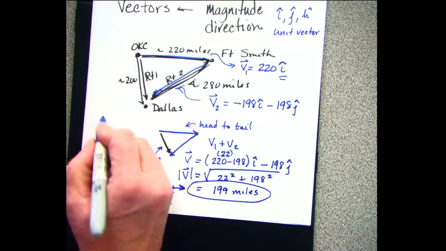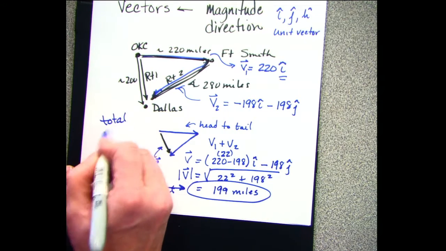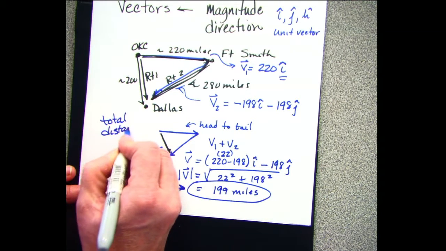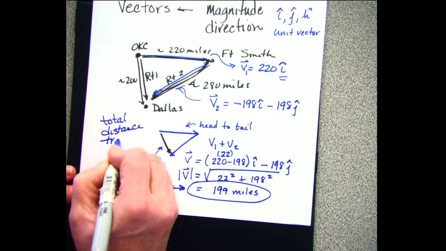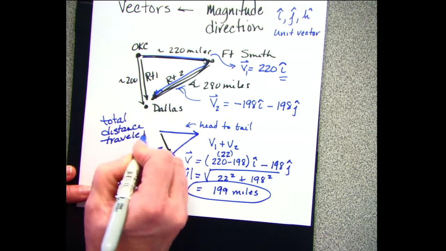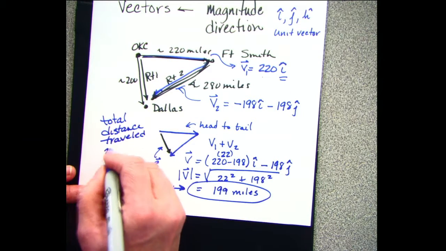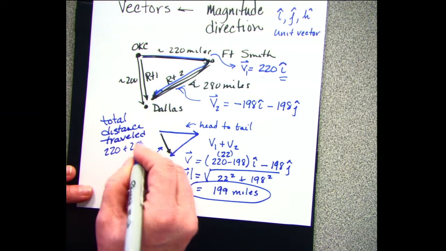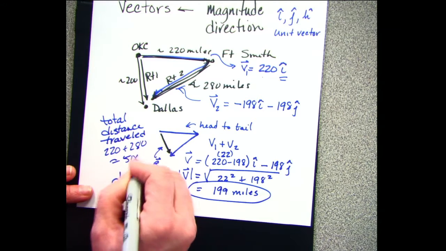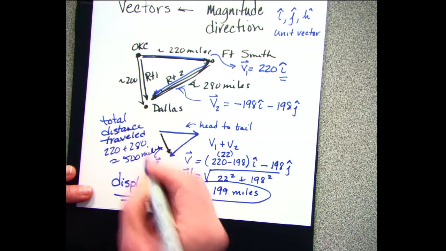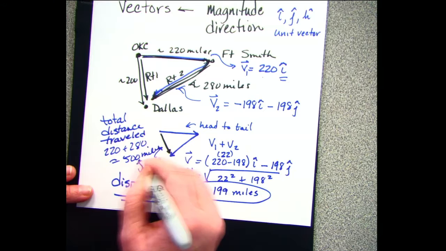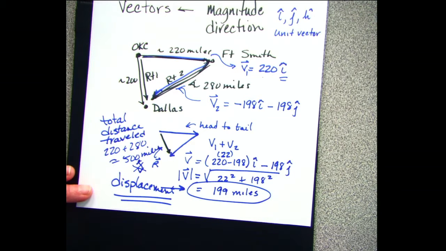Now, total distance traveled by that route was my 220 and 280, so 220 plus 280 is equal to 500 miles. You can see that these two things are not equal.